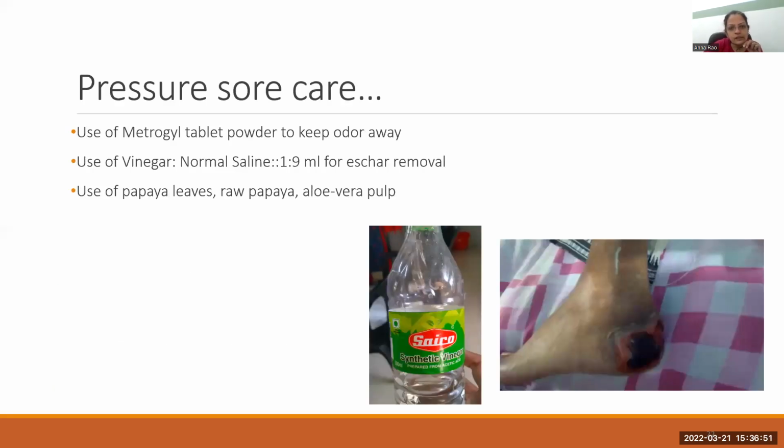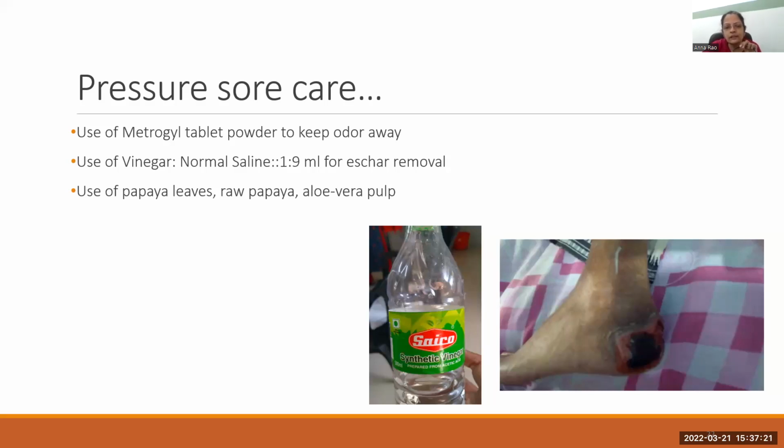This is one such bed sore you can see in the heel area, right? So you can say that it is unstageable. For such sores, we can apply vinegar also, that will help in removal of the eschar. Once the eschar is slowly removed, it may take 2 to 3 days or even more, depending on how deep it is, right?